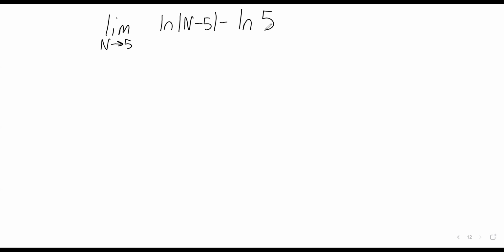So in practice, I've been trying to be at least semi-formal. I mean, I've been looking at a limit like this and going to Desmos or whatever.